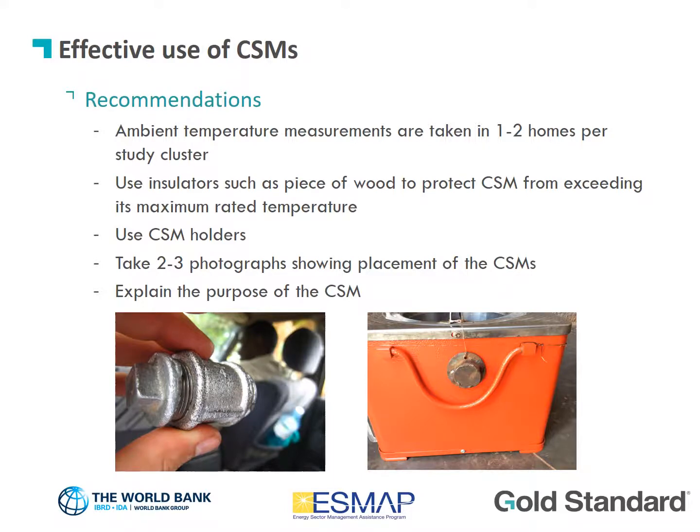We recommend using sensor holders and taking at least 1 but up to 3 photographs showing placement of the sensor, so if something happens to that specific sensor, we can go back and see what not to do. And also to explain the purpose of the sensor to the participant, as sometimes these devices can be very attractive to children as little toys.